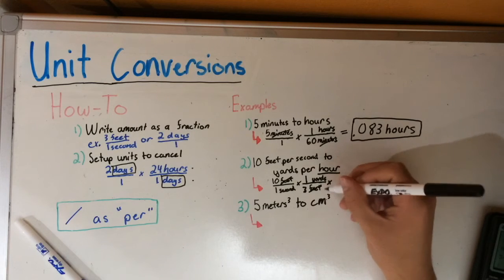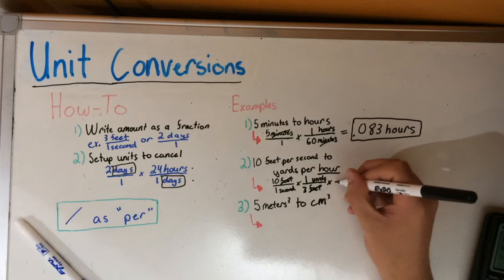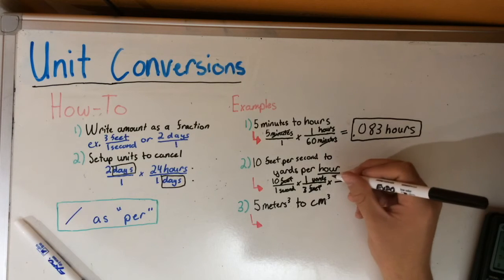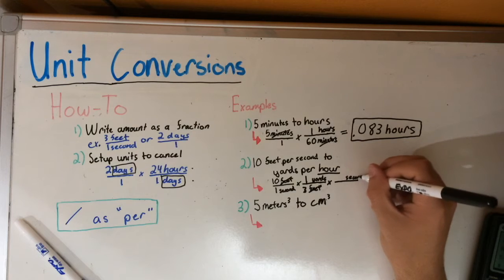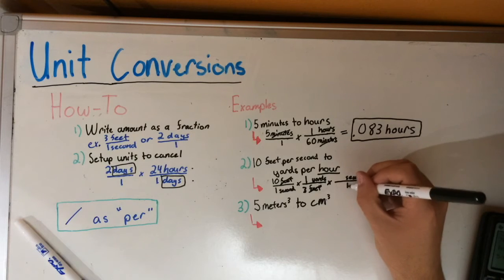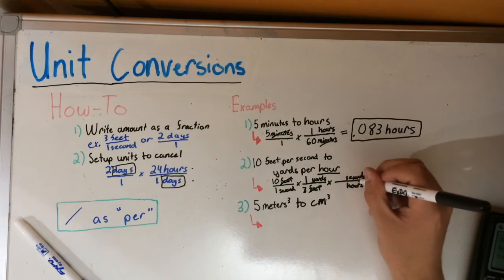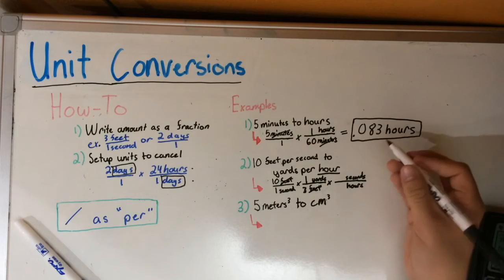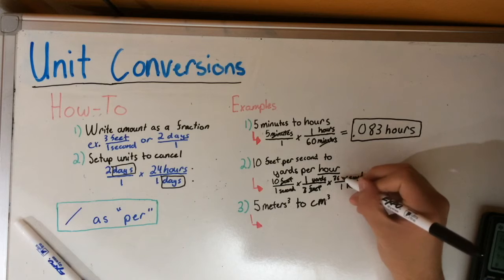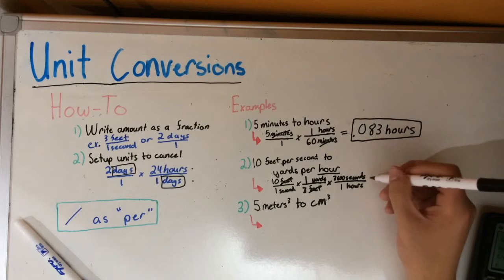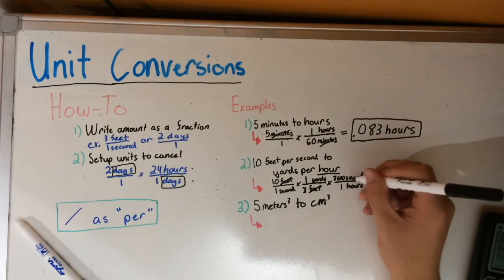We have yards on the top, seconds on the bottom, and we want our seconds to cancel out and go to hours. So we'll put seconds on the top and hours on the bottom. So again, unit conversion, we know that in 1 hour there are 3,600 seconds. So there we go.